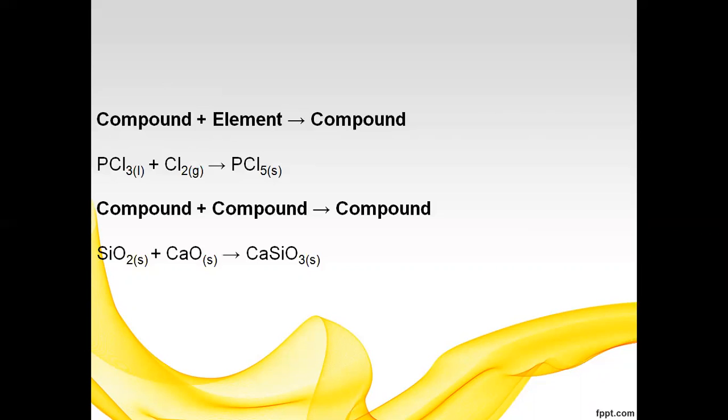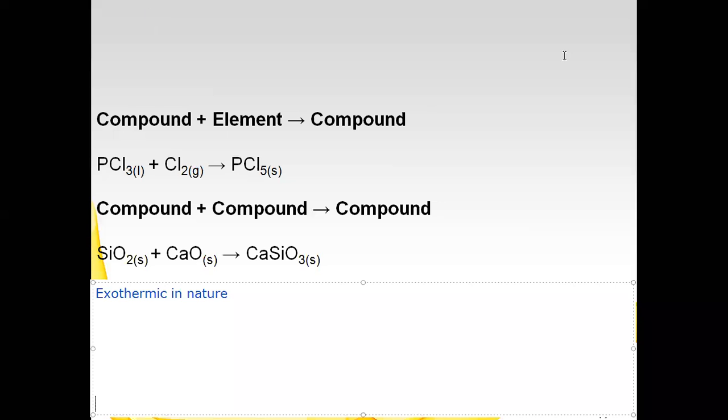Okay, so most combination reactions are of which nature? Exothermic nature. Most combination reactions are exothermic in nature, because we already know that exo means release, so a huge amount of energy is released. What is meant by chemical reactions?